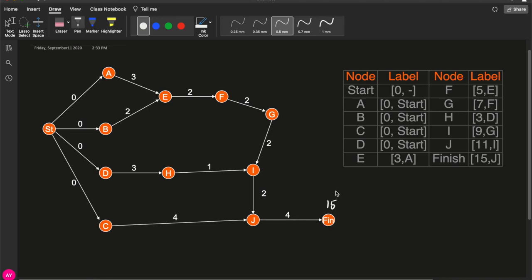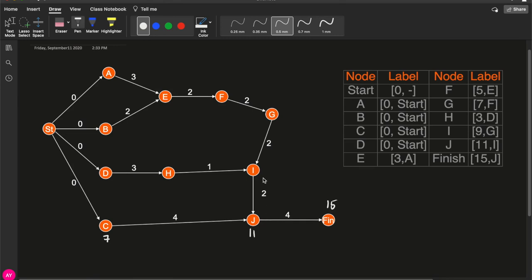And if the latest start time of finish is 15 and J requires 4 weeks to be done, therefore, we can technically say J has a latest start of 11. In the same manner, if the latest start time of J is 11, and because C has a duration of 4 weeks, then technically we can say C has a latest start time of 7.